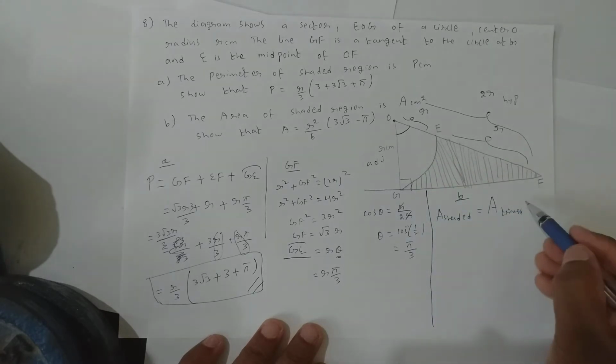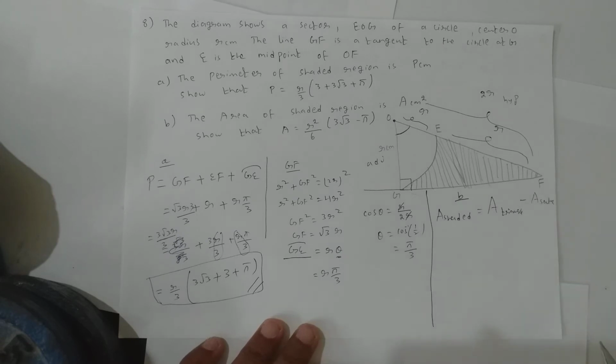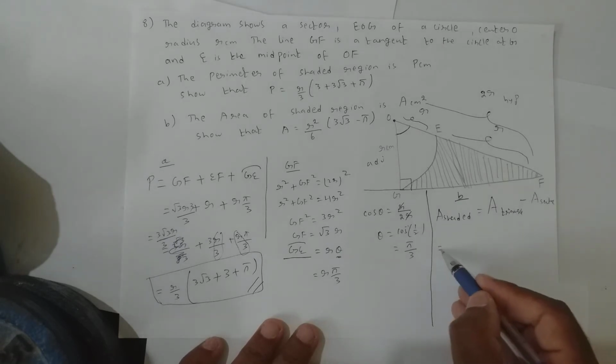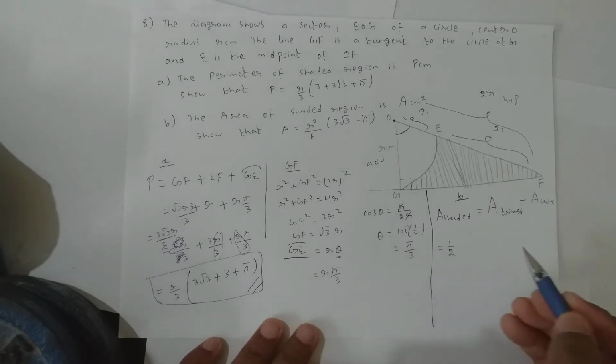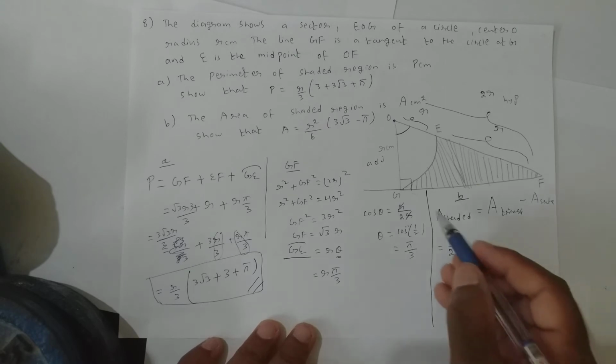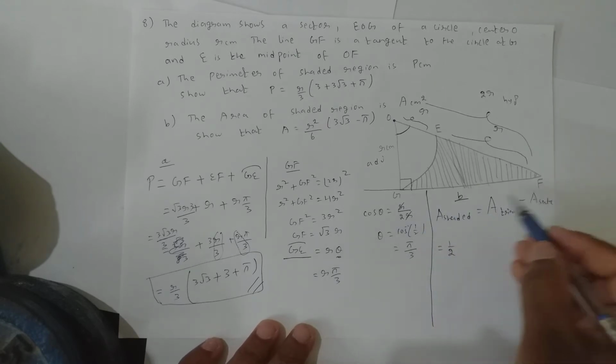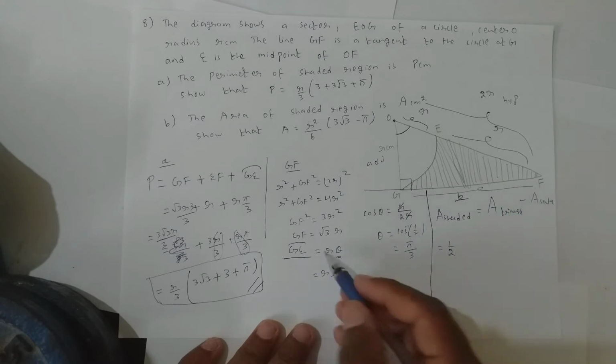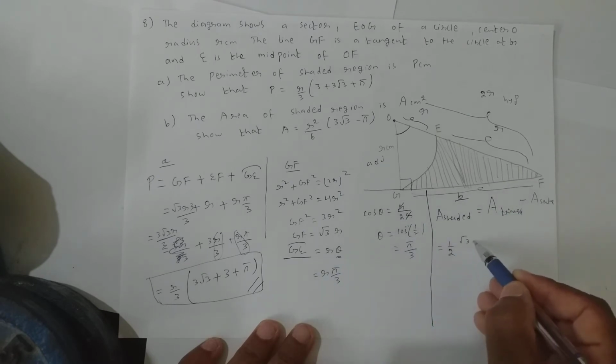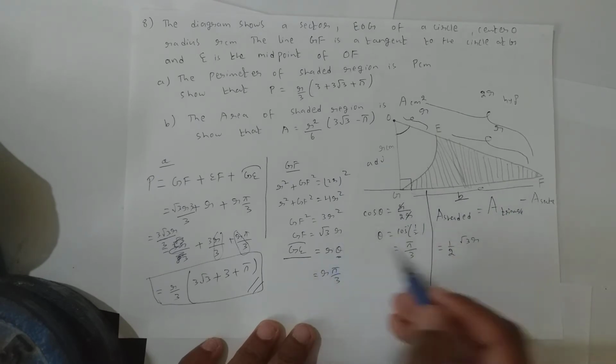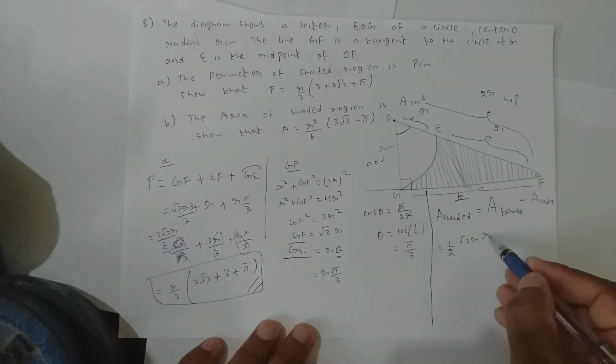From the bigger triangle, if I remove the area of the sector, I get the area of the shaded region. So area of triangle is half base into height. What is the base GF? This entire thing is the base, which is root 3 r we found in here, and height is r.